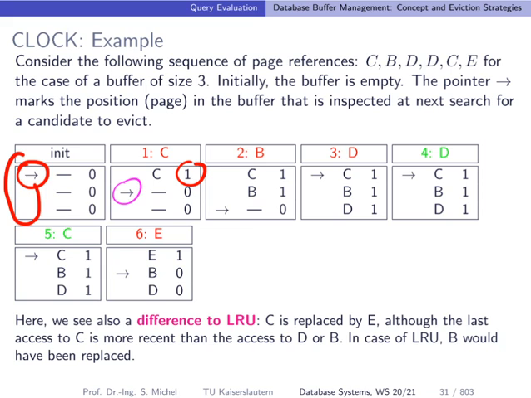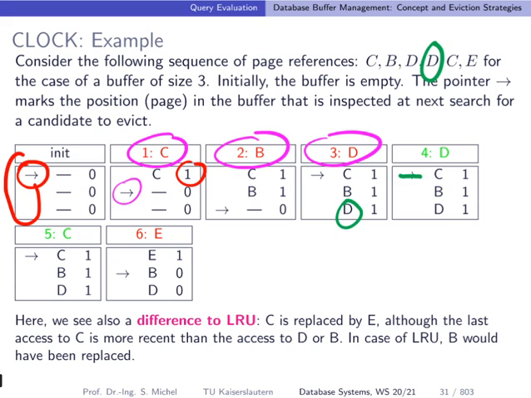Now this is boring in the beginning, but now we have the buffer being full of C, B and D, and the red font indicates that there was a buffer or a page miss, and green means there was a hit. So now the next access would be D in our sequence here, and D we find in the buffer. So that means that nothing happens.